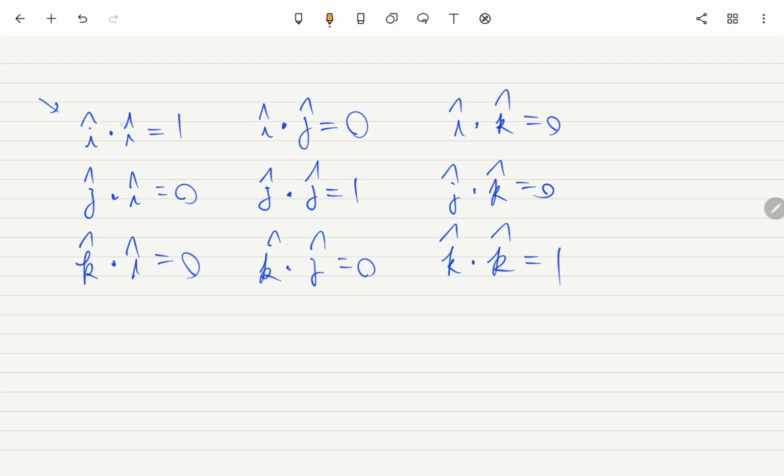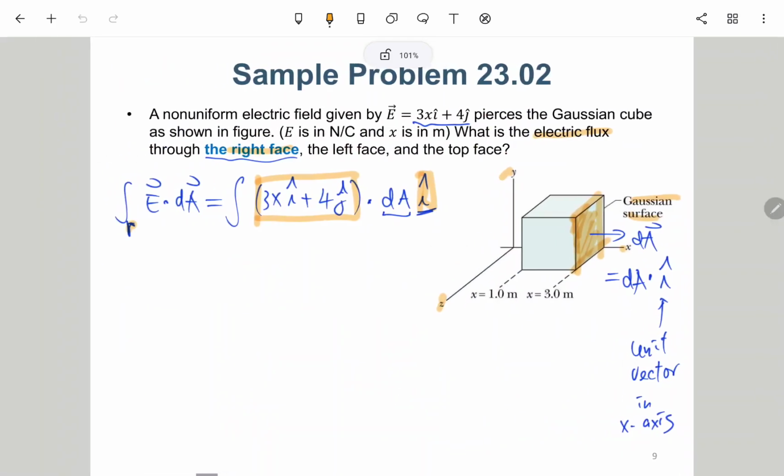So only a unit vector dotted with itself will be 1, and any two different unit vectors dotted will be 0. It's just this easy case.